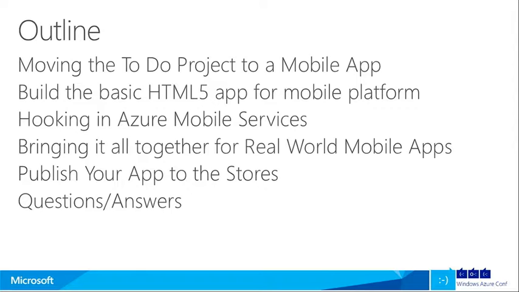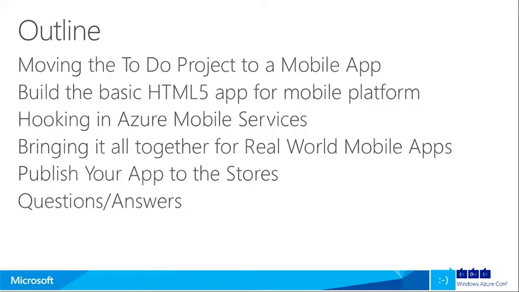So the outline for this talk is that we're going to move the to-do project that everyone downloads right away and takes a look at, if you have seen mobile services, and turn it into a mobile app. Then we're going to talk about the basics of an HTML5 app for mobile platforms such as iOS and Android, going through a product that will take the HTML, JavaScript, and CSS and move it over to those platforms.